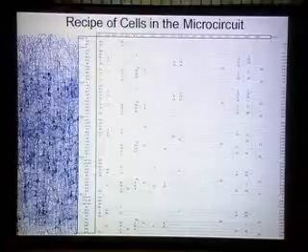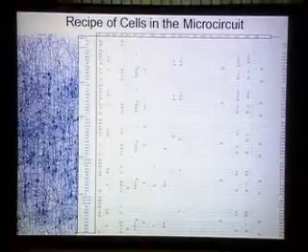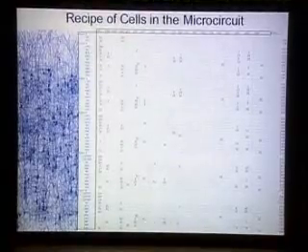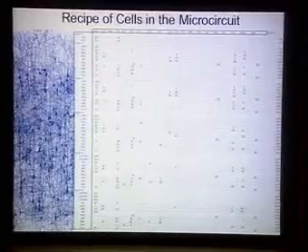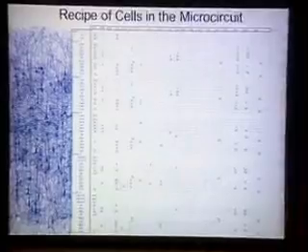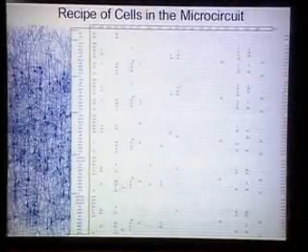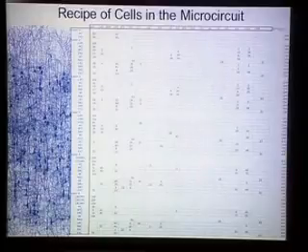We've recorded from over 10,000 cells, and we've begun to derive what we call the first recipe of the neocortical column. The recipe is the recipe of cell types that are used to build up the circuit. Now, as I said, the neocortex from mouse to man, this column is surprisingly stereotypical.